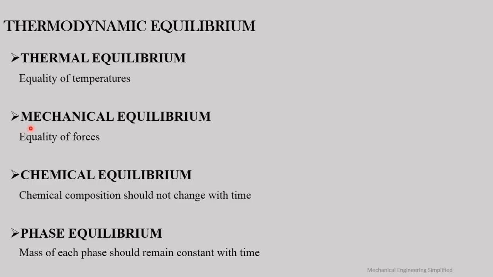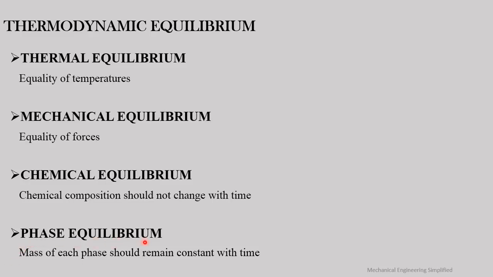If that condition is satisfied, we say that our system is under mechanical equilibrium. Then we have chemical equilibrium. What is it? The chemical composition of the system should not change with time. That means within the system, chemical reactions should not take place. If that condition is satisfied, we say that the system is under chemical equilibrium.